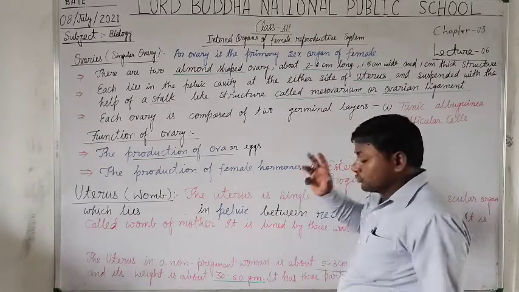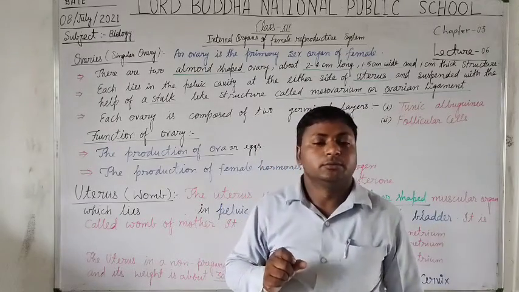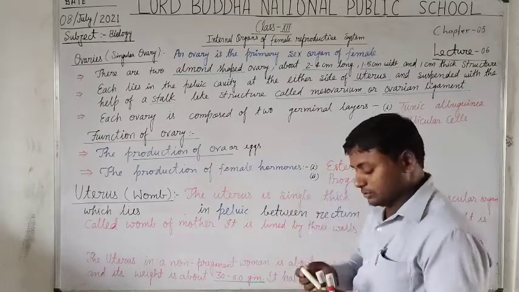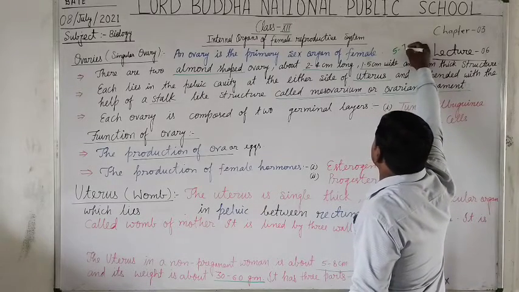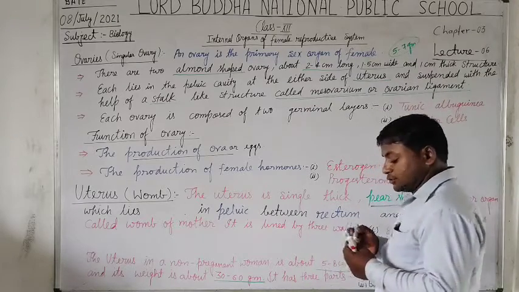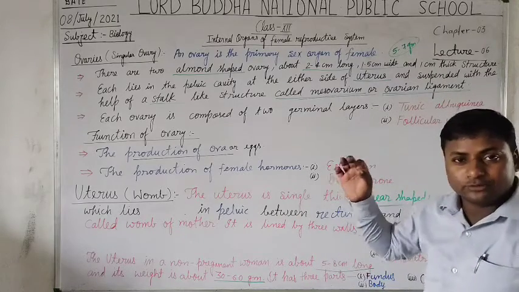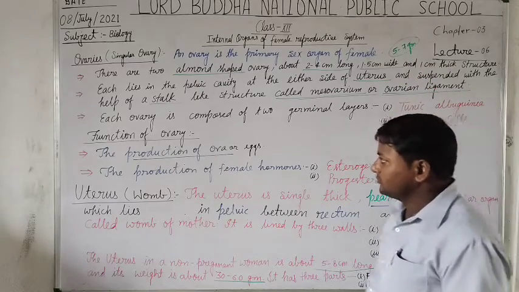Each ovary weighs about 5 to 7 grams. It is very important to know the weight of each ovary: about 5 to 7 grams.